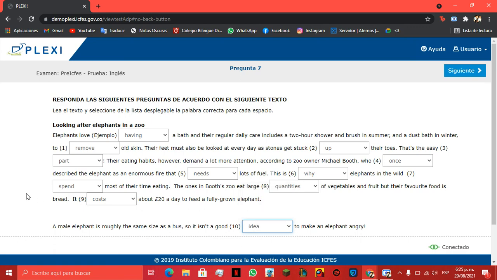I think here it is idea, because idea is like a mental representation of something, and it's an action that we must not do, we shouldn't do, and that's why I think idea is the correct answer.